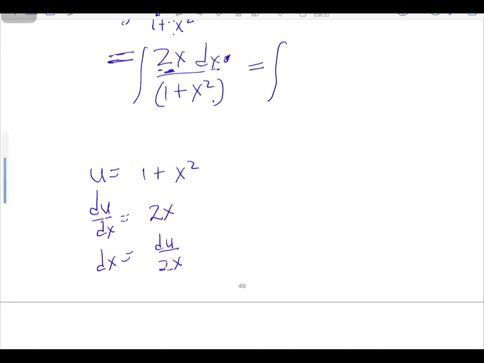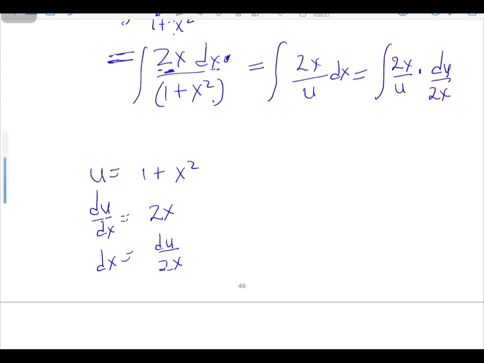But before that, remember to replace the 1 plus x squared by u, and then the question changes to 2x over u dx. And therefore, when we replace the dx, we are going to get the integral of 2x over u multiplied by du over 2x.